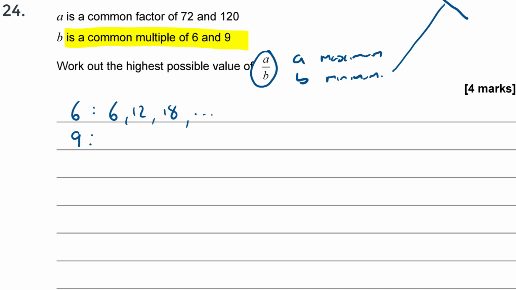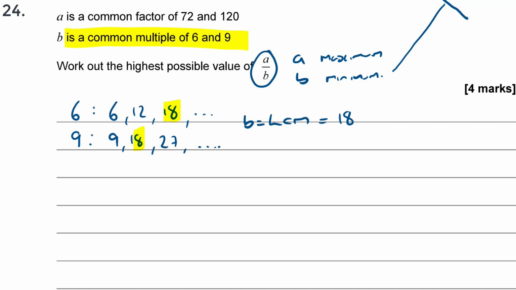And 9 is 9, 18, 27, and so on. So you can see we found our lowest common multiple already. 18 is there, 18 is there. So our LCM then of those two numbers is 18. So that's going to be my value of B.